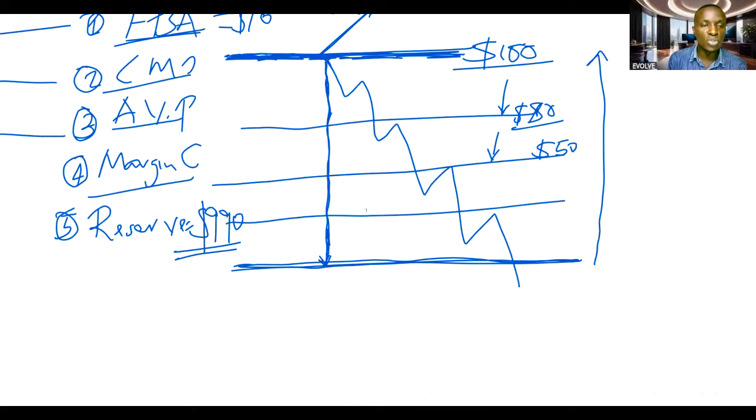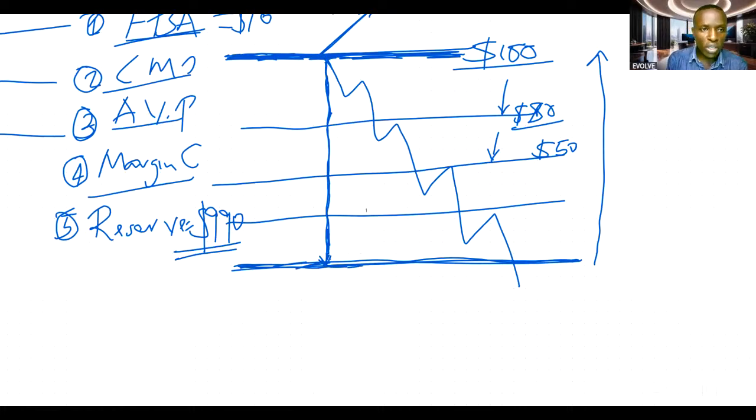Resistance is on top. When the market is resisted down here, for it to continue going down, it will make a reversal. So this distance here is what determines the risk profile.